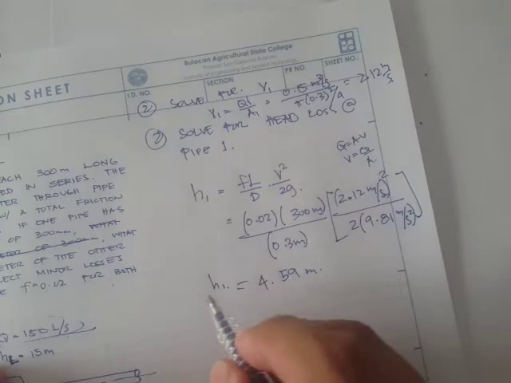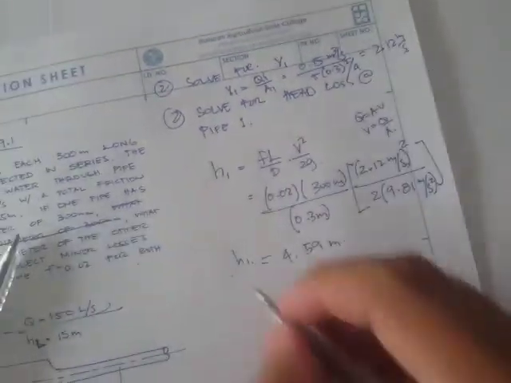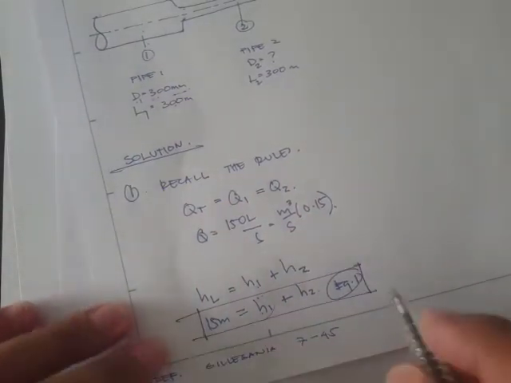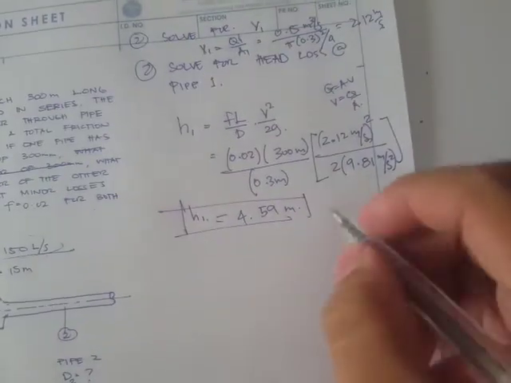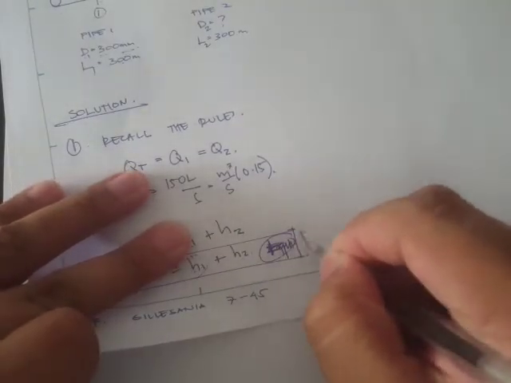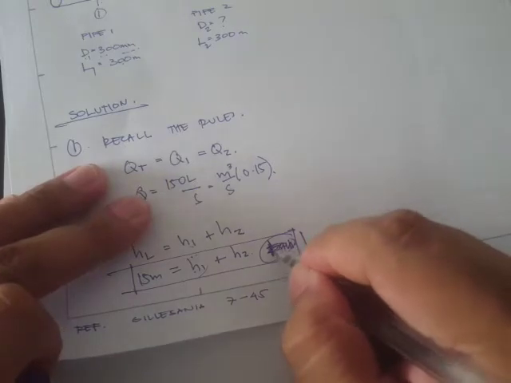So let's write here H sub 1 is equal to 4.59 meters. Right here we'll also box this equation, and let's call this equation number 2. This is equation number 1.